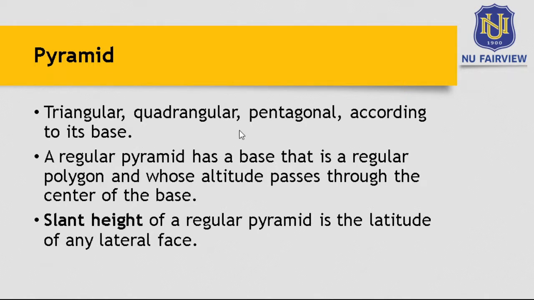Now, for example, ang base natin is quadrangular or rectangle. So, quadrangular pyramid ang tawag natin doon. Now, a regular pyramid has a base that is a regular polygon. So, yun po yung tawag natin. Kapag a regular polygon naman, regular pyramid yon. At kapag regular pyramid siya, may altitude na dumadaan sa center ng inyong base.